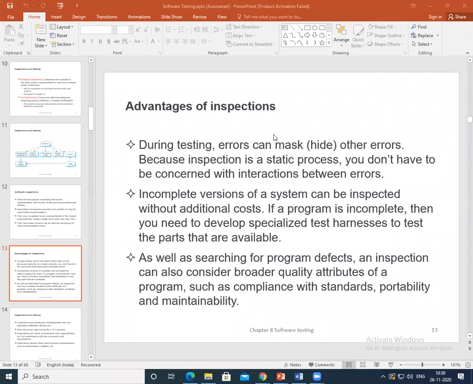During testing, errors can be hidden. That is, some errors can hide other errors. So when an error leads to unexpected output, before I start with the error, what is the difference between error, fault and failure? This is one of the major parts of software testing. What is an error? What is a fault? And what is a failure?